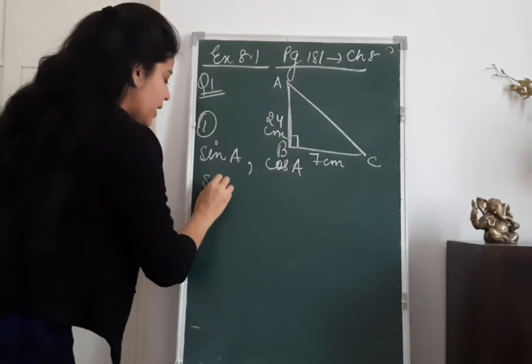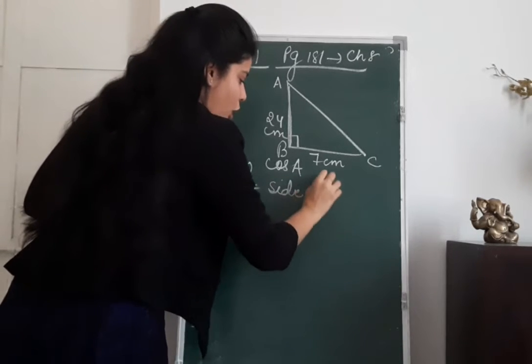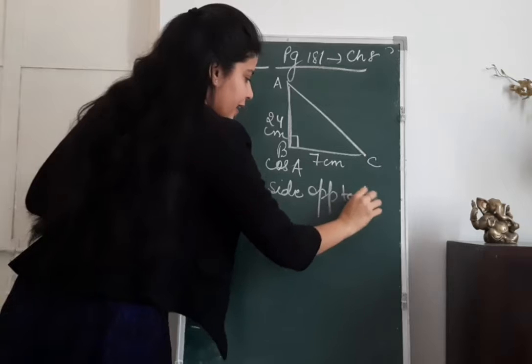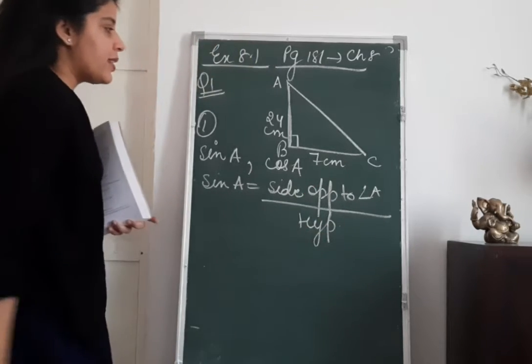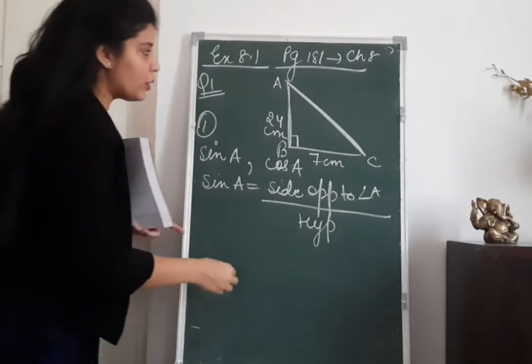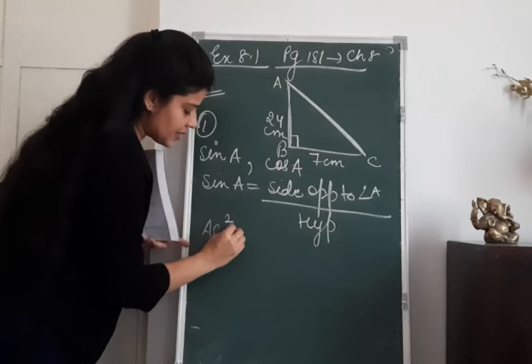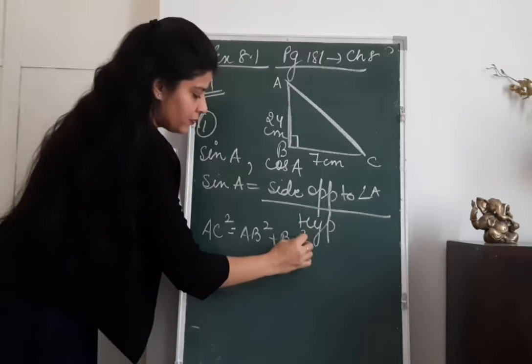So sin A will be equal to what? Side opposite to angle A upon hypotenuse, right? Now what will be the value of hypotenuse? Using Pythagoras theorem, I can say AC square is equals to AB square plus BC square.